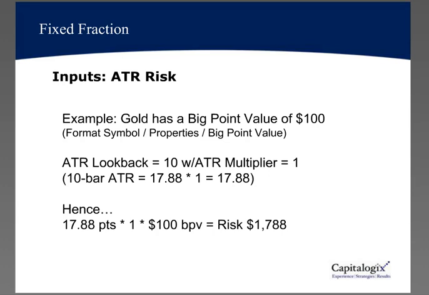What we're going to do is apply that to the big point value. So it's 17.88 multiplied by 1 for the ATR multiplier, and then $100 for the BPV, the big point value. In this example, at this particular time, I'm willing to risk $1,788.